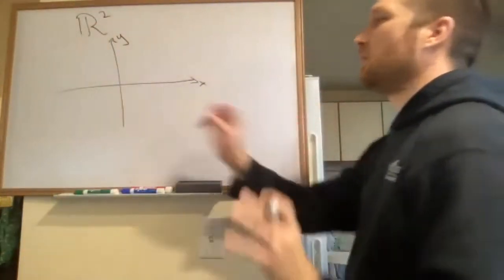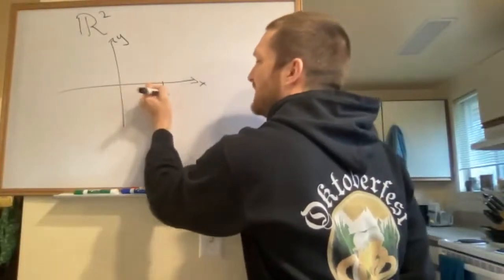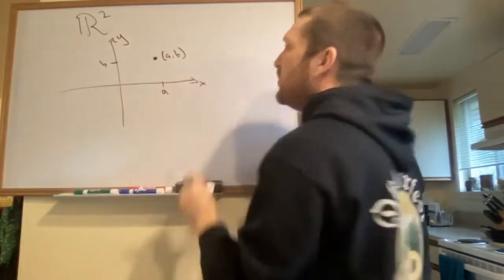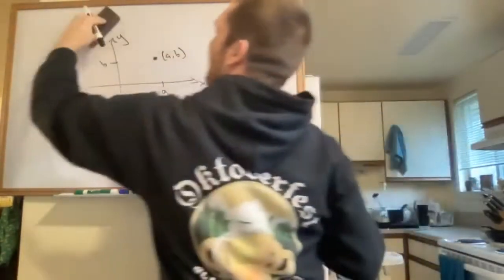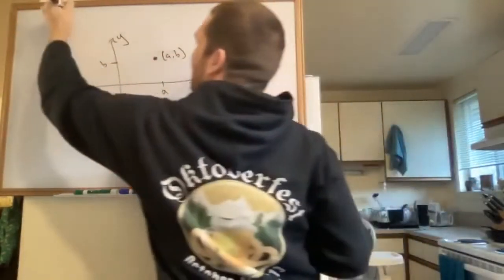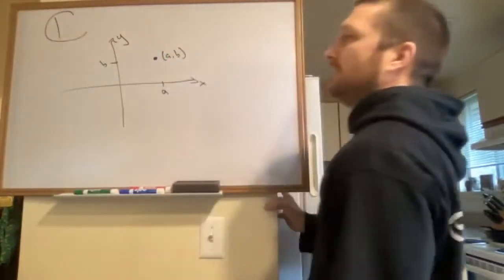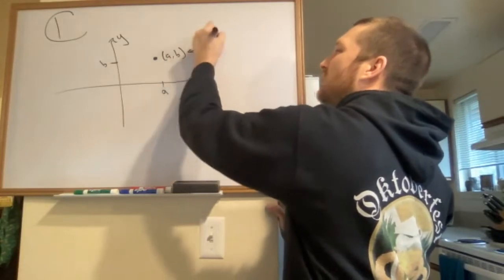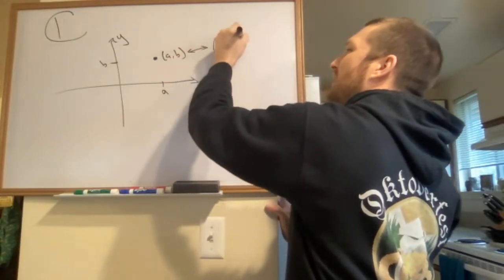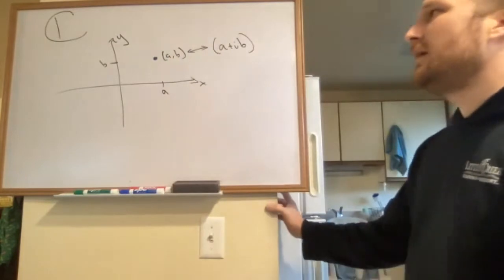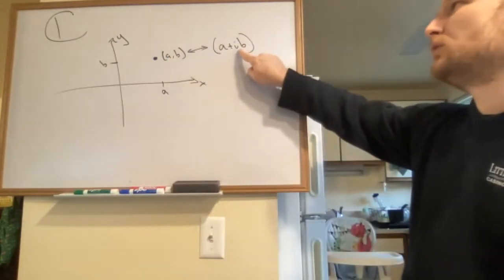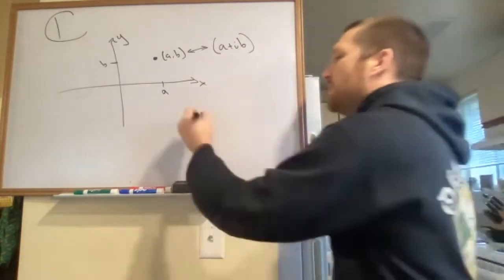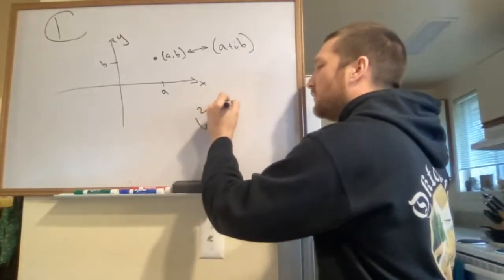Any point in that plane, say here at A and B, we call the point A comma B. With the complex plane, it's the same thing, only we're going to call this point A plus iB. And we are now including this nifty thing, i, which has the property that i squared is equal to -1.